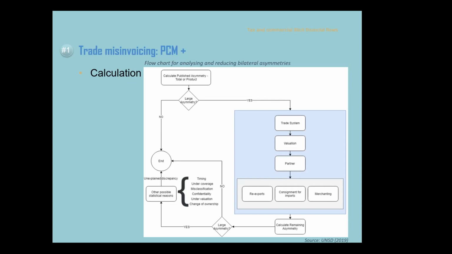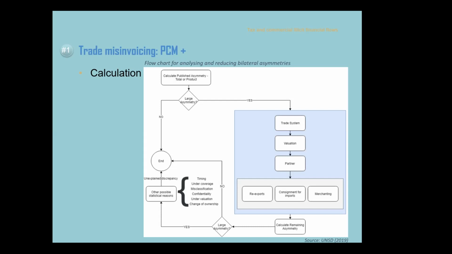This flow chart here, prepared by the UNSD, the United Nations Statistics Division, is essentially leading us in that work. So first of all, when you observe the trade asymmetry, check whether there are differences in trade systems. Then check and address differences in valuation, so the CIF-FOB.